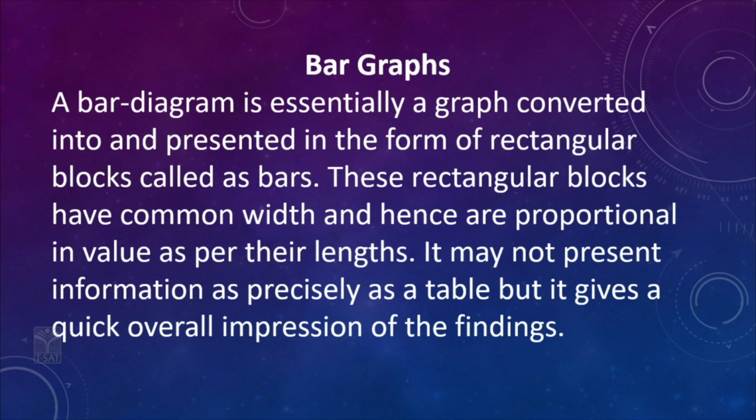So, very important: these bar diagrams have rectangular blocks and the width of the rectangular block is constant, it is the size of the class. Clear? That is very important. And the length of the rectangular block is proportional to the frequency. Clear?